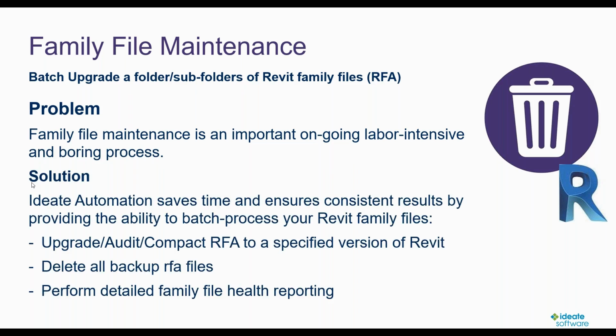If I'd had Ideate Automation, this would have saved me lots of time, because I could have run regular reviews on the health of my Revit families. I could have deleted all those backup files, which clog up your drives and computers. You could upgrade families to a different version. You can save them and compact them as well. So there are some good scripts that we've got in terms of family health.